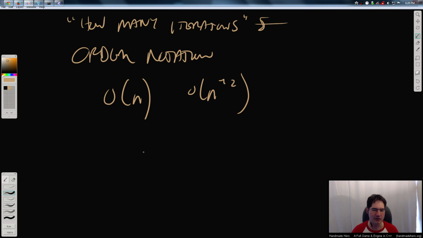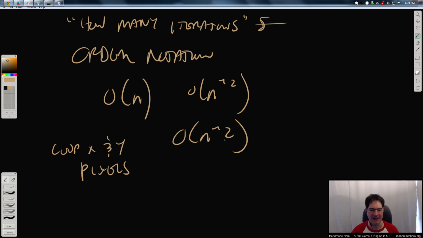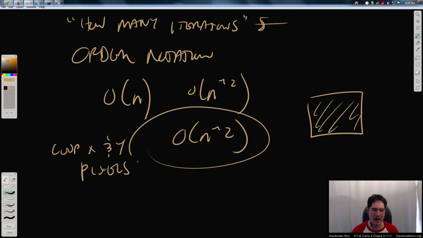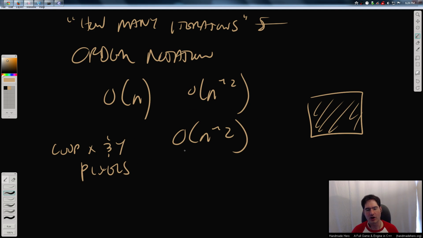And so in the case of the software renderer, pixels is a loop over x and y, right? So it's O(n squared) in the size of the thing on the screen. It's filling in an area. So I just tend to know when I'm writing a software renderer what the things are that are going to happen in it. I know that I've got relatively big sprites on the screen that fill up a fair number of pixels.